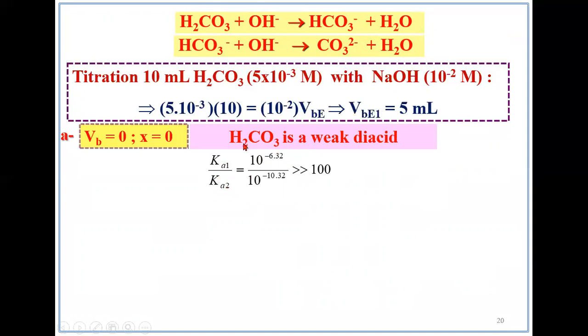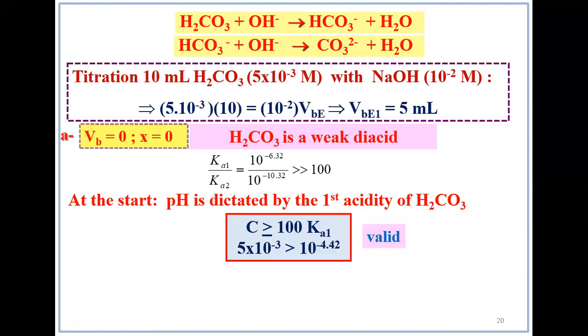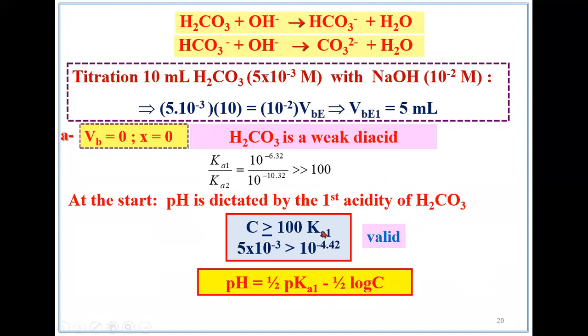So I can treat this as a monoacid, since Ka1 is greater than 100 Ka2, and then the pH is dictated only by the first acidity. And what is the first acidity? Well, if the concentration is greater than 100 Ka1, watch out for which Ka, yes, Ka1, then I can use pH equals half pKa minus half log C, which you all already know.